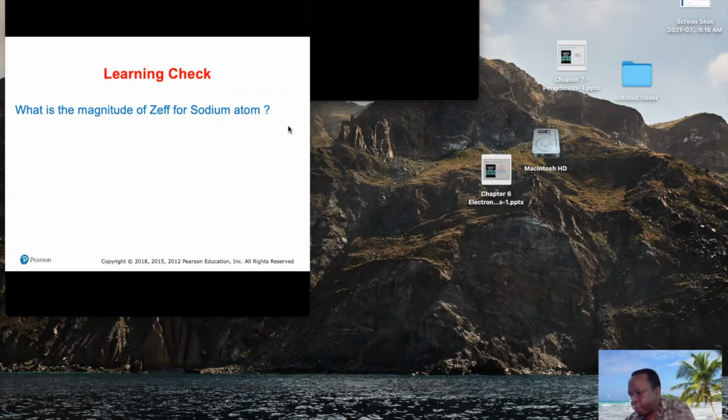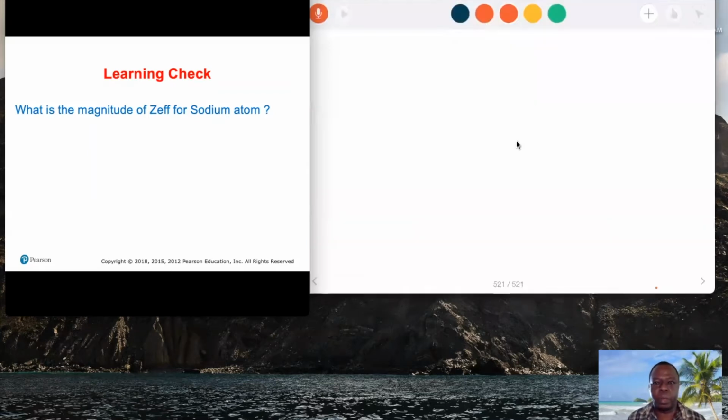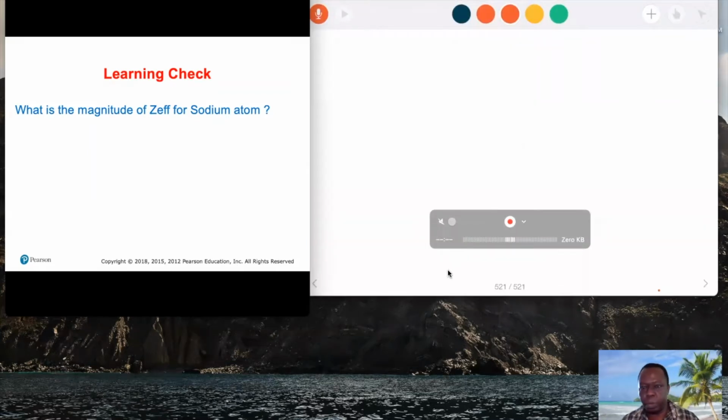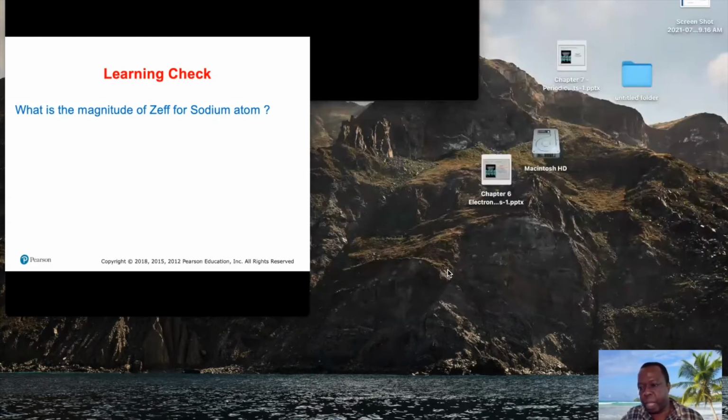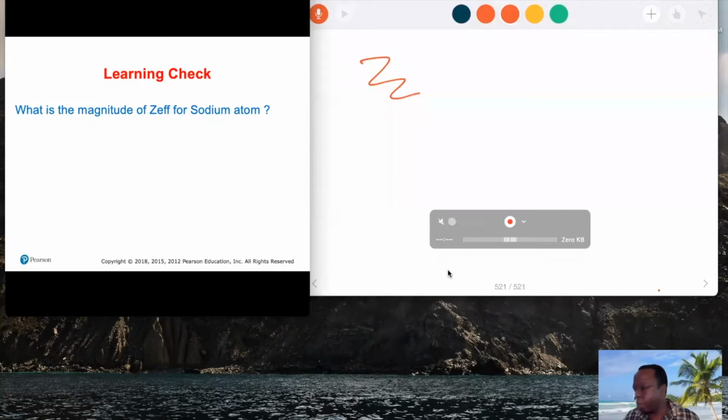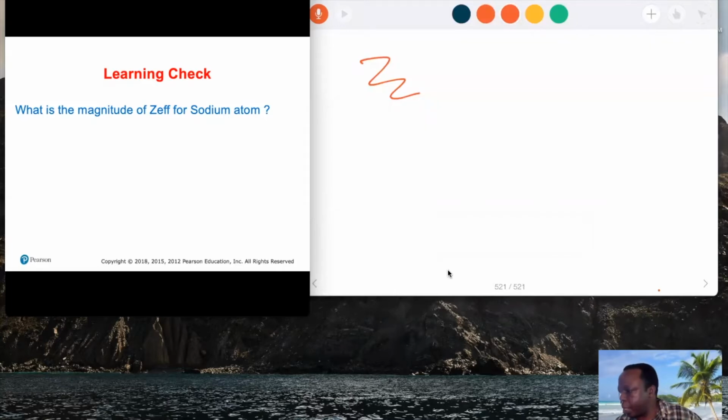Let me see if my whiteboard is working now. I'm just going to show you how the Z effective is calculated for sodium. For sodium, how do we calculate the Z effective?